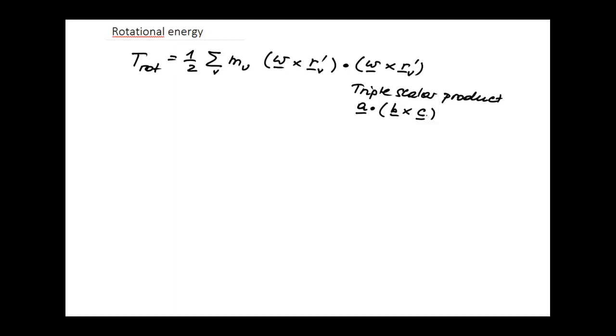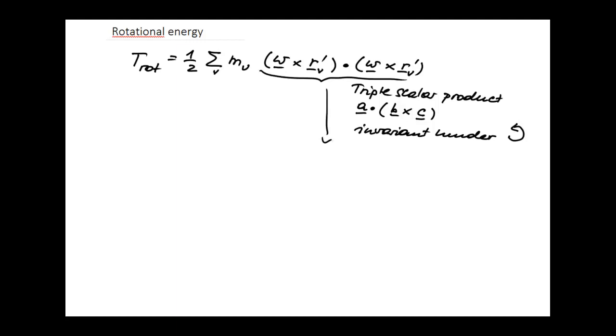So A dot B cross C is the same as C dot A cross B, for example. It's invariant under cyclic permutation. It doesn't matter whether it's clockwise or anti-clockwise. In particular, the case that is of interest here is counterclockwise cyclic permutation.